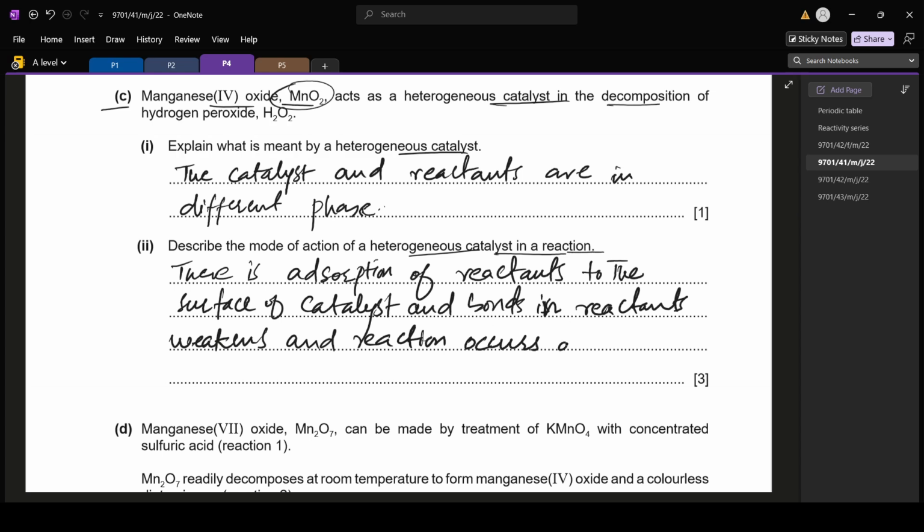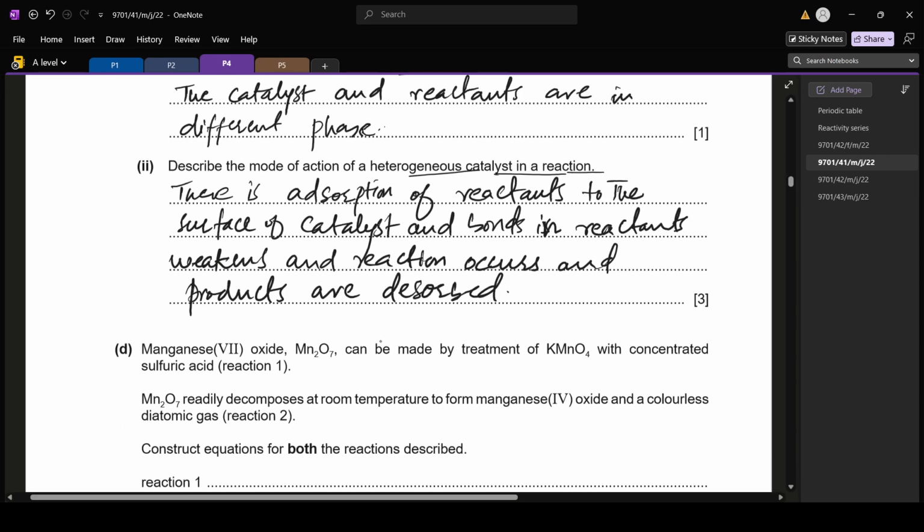And the products are desorbed. Okay, so this is the mode of action of a heterogeneous catalyst, which you have to remember.